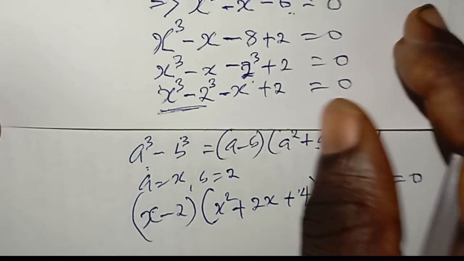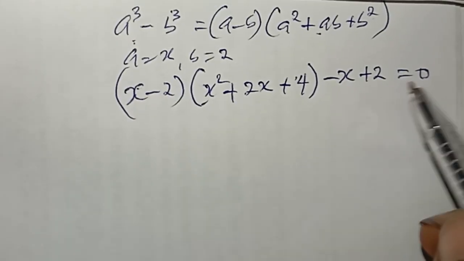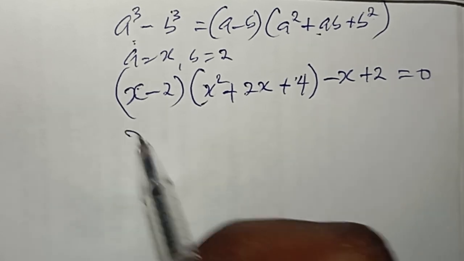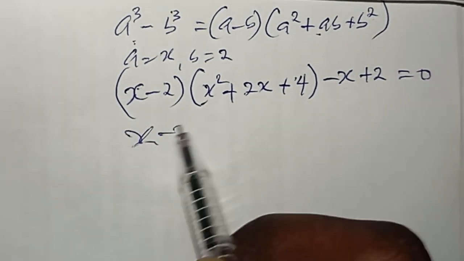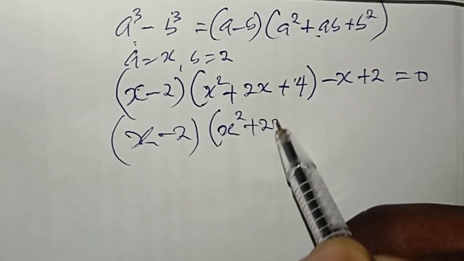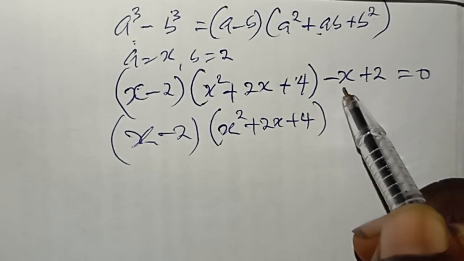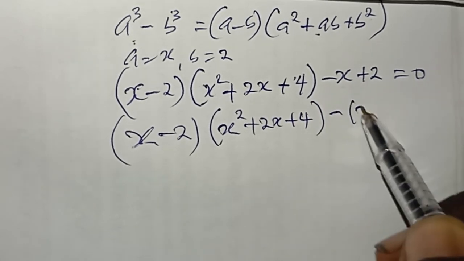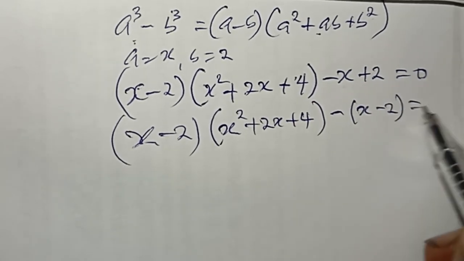Okay, so moving on, what I'm going to do next, okay, let me just write this so that I see how that one can also be. So this is x squared plus 2x plus 4, and of course I can also put this one in bracket as x minus 2 is equal to 0.